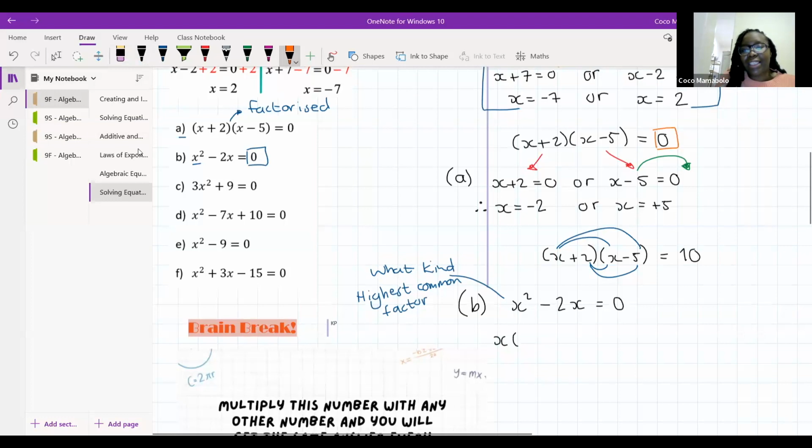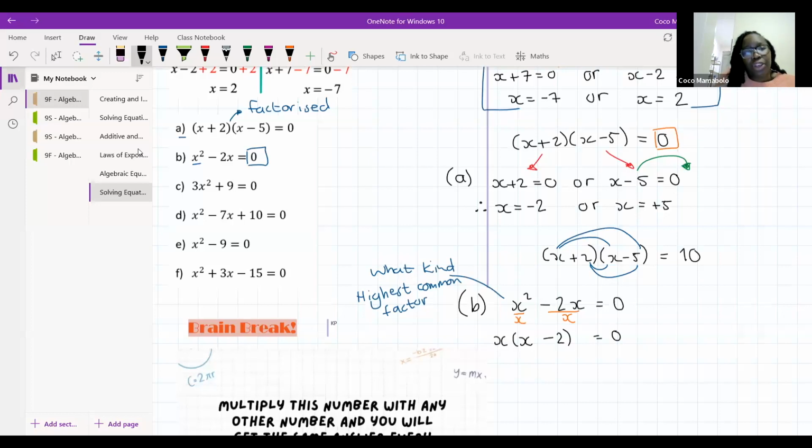And if I take x out, I need to then divide by x over here and divide by x over there. Now, x squared divided by x is going to give me x. And negative 2x divided by x will give me negative 2. And this is equal to 0. Okay.